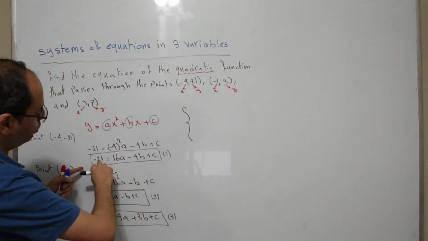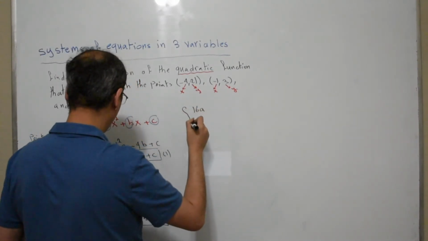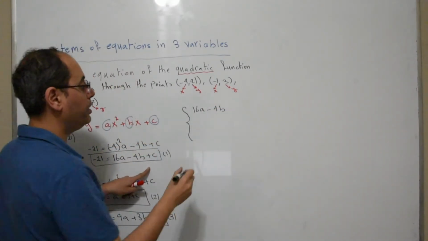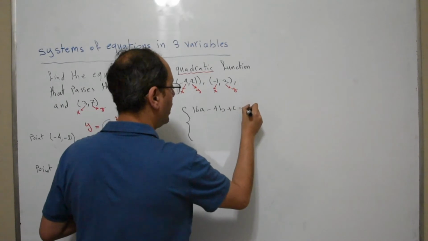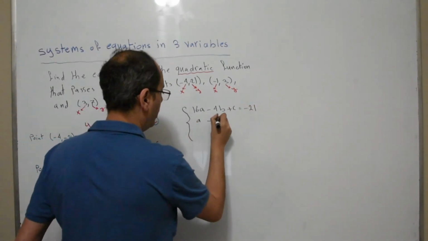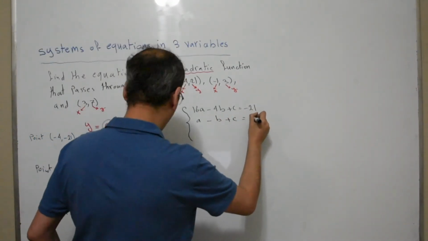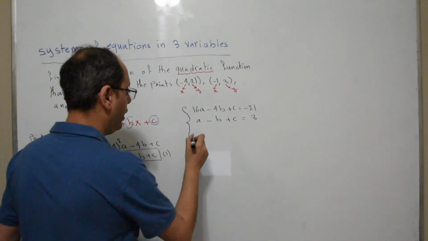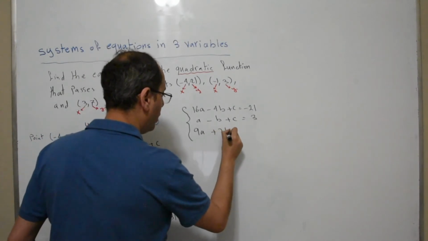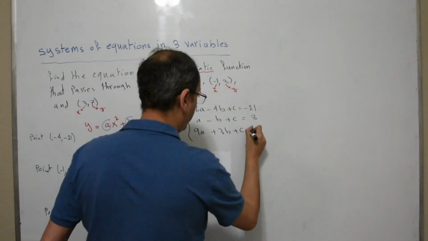I'm going to put the -21 on the right: 16a minus 4b plus c equals -21, a minus b plus c equals 3, and 9a plus 3b plus c equals 7.